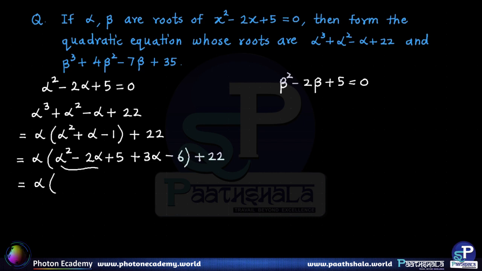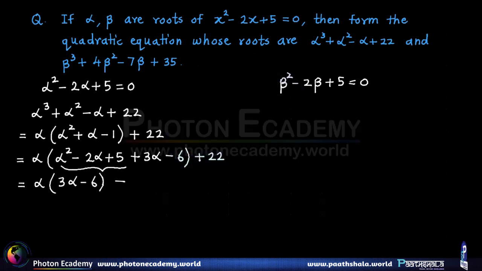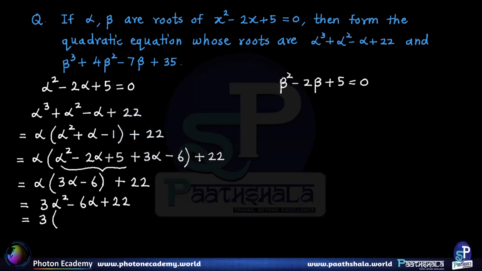Now here we see that this particular first portion is equal to 0, so that will vanish and we are left with alpha into (3 alpha minus 6), bracket complete, plus 22. Now further opening this bracket, we have 3 alpha square minus 6 alpha plus 22, which gives us, if we take 3 common now, 3 into (alpha square minus 2 alpha) plus 22.